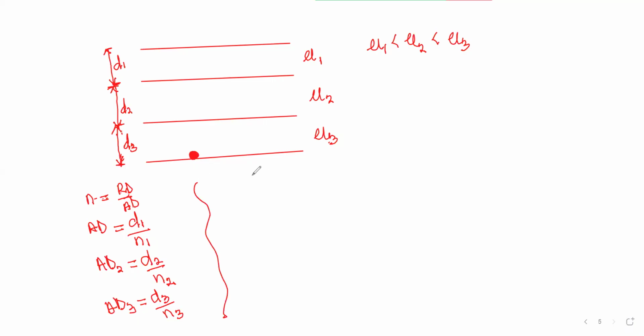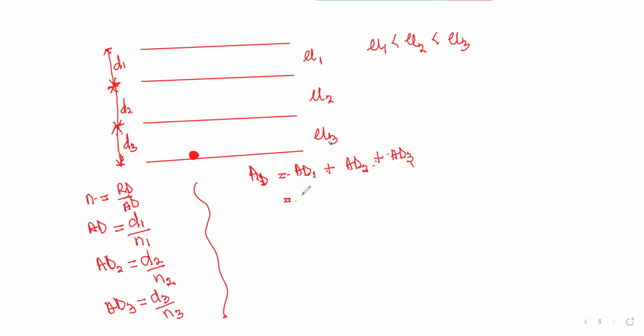Therefore, the total apparent depth, AD, would be equal to AD1, the apparent depth of the first liquid, plus AD2 plus AD3. What is AD1?